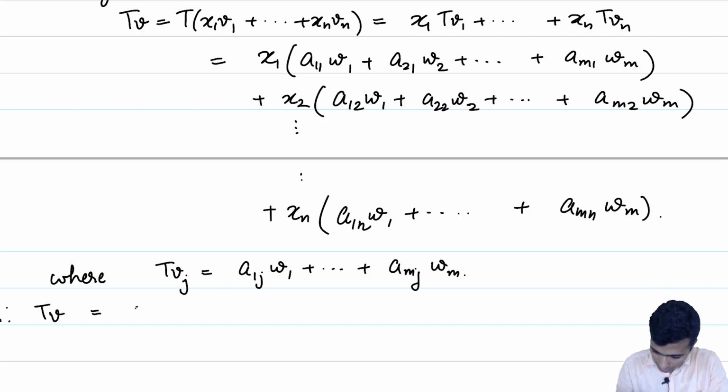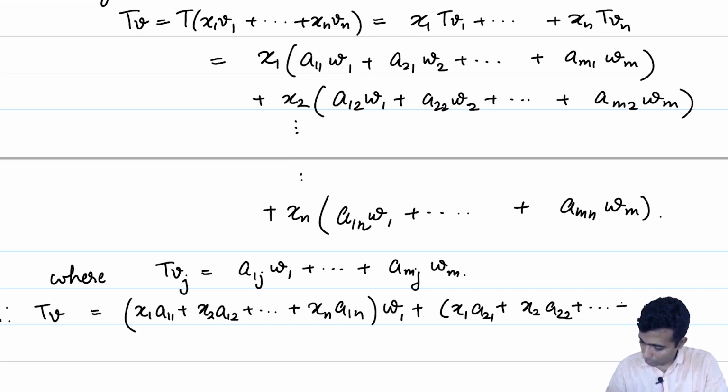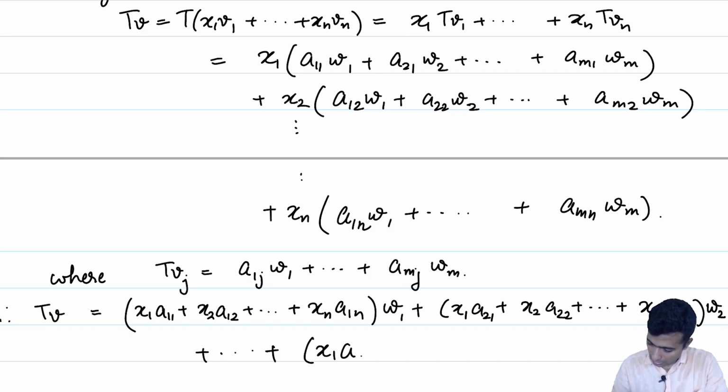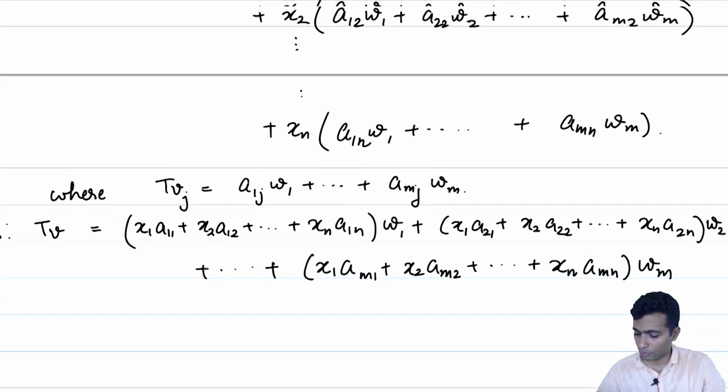If you observe carefully, this is (x1 a11 plus x2 a12 plus xn a1n) times W1, plus (x1 a21 plus x2 a22 plus xn a2n) times W2, plus dot dot dot, (x1 am1 plus x2 am2 plus xn amn) times Wm.